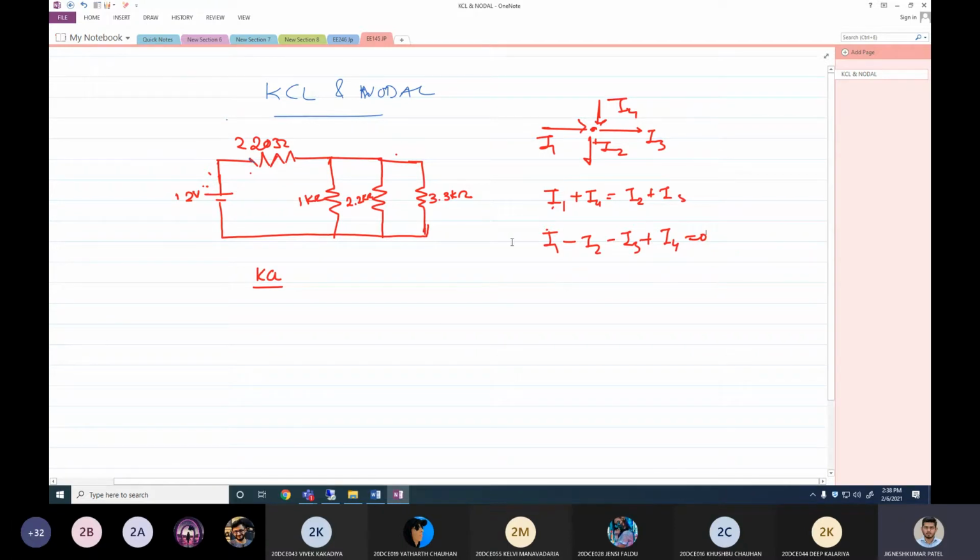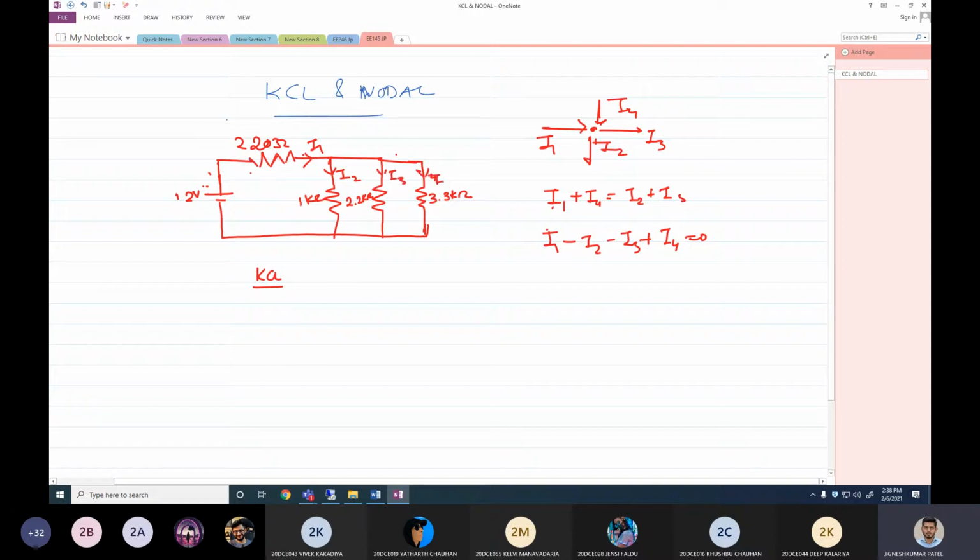Now how are we going to connect this on the circuit? You are supposed to measure these currents. Let us say this is I1, this is I2, I3 and I4.